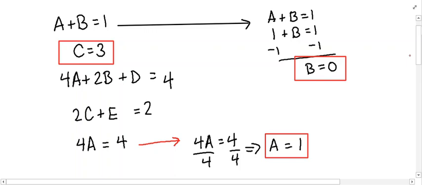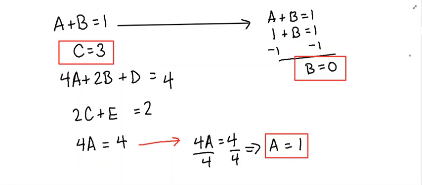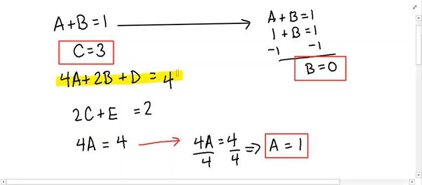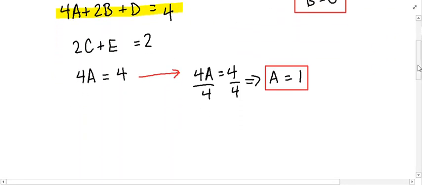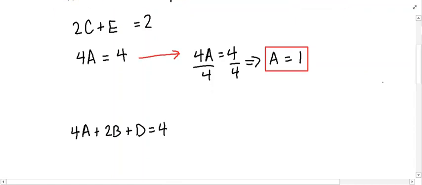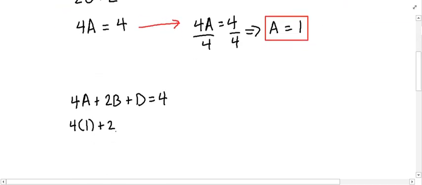Actually we can solve for either one first. If we look at this particular equation, we know both a and b, so we're going to be able to get d. I know that 4a plus 2b plus d has to be 4. I know that a is 1, so this is going to be 4 times 1 plus 2 times b. B is 0, plus d has to be 4.